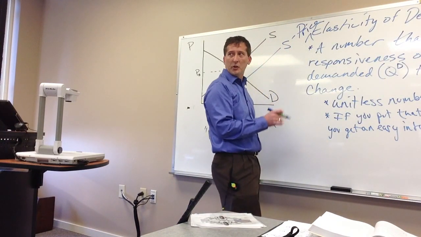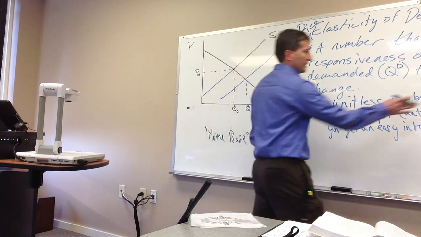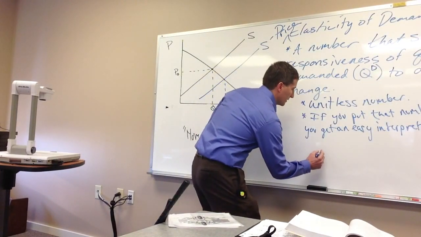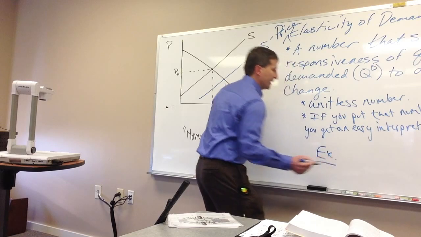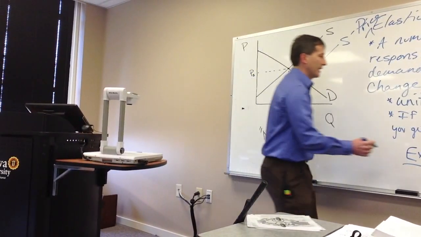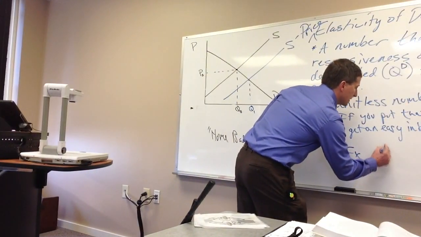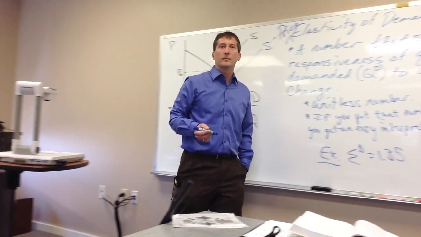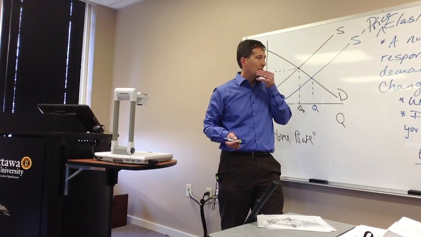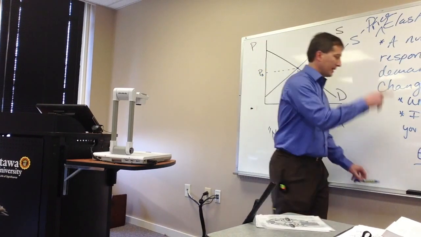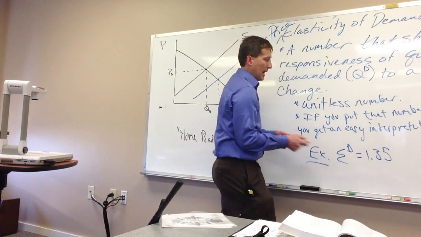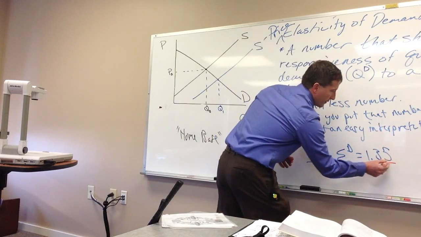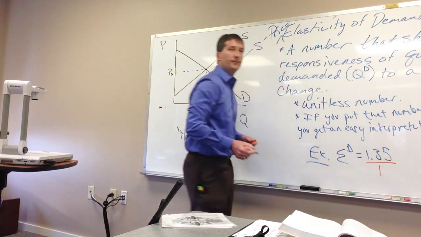And so I'll show that in a second here, but you're basically getting a number. Well, in fact, let's just jump the chase since this is intermediate. I'm going to come back around to it, but suppose that the elasticity of demand is equal to 1.35. So the trick is to take whatever that number is, the elasticity of demand is 1.35, and put that over 1.